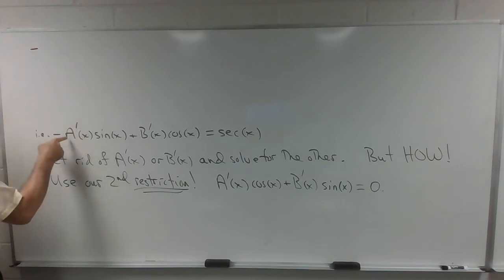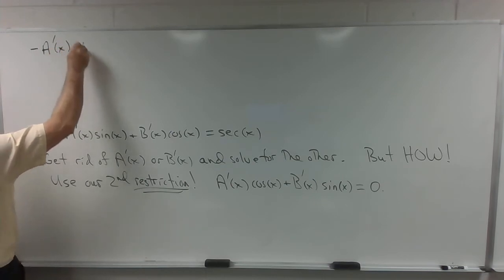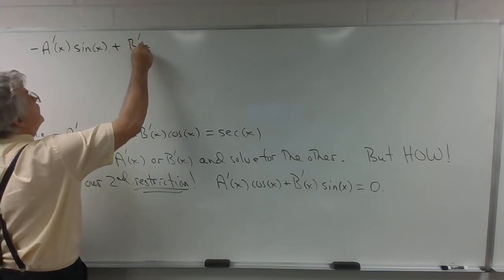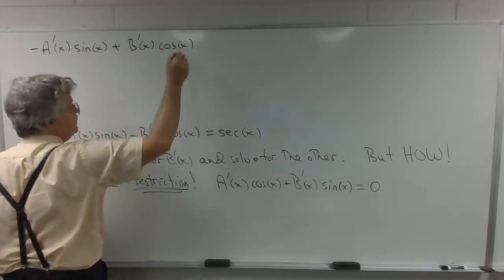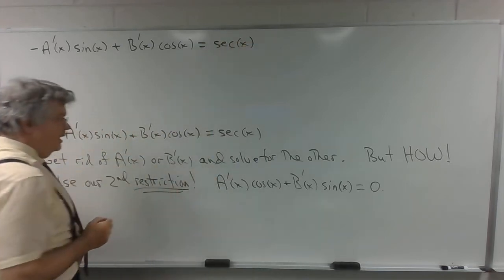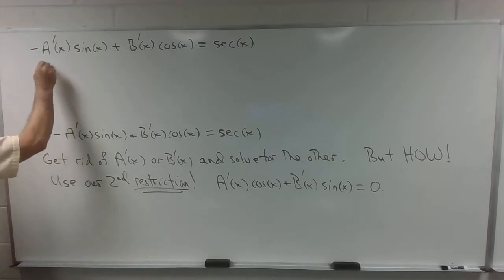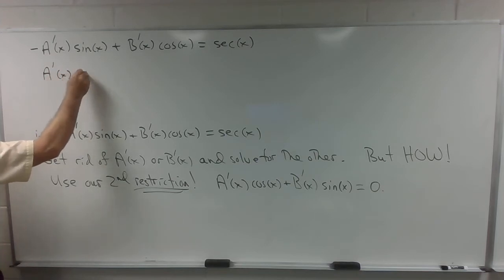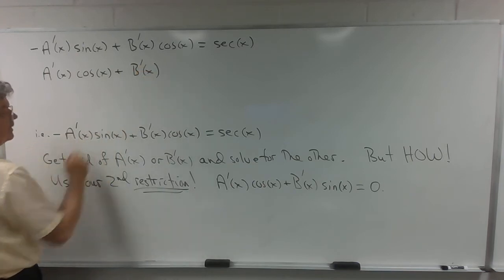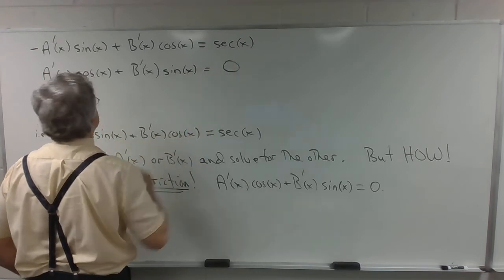So we have negative a prime of x sine of x plus b prime of x cosine of x equals secant of x. And then we got this thing, a prime of x cosine of x plus b prime of x sine of x equals 0.